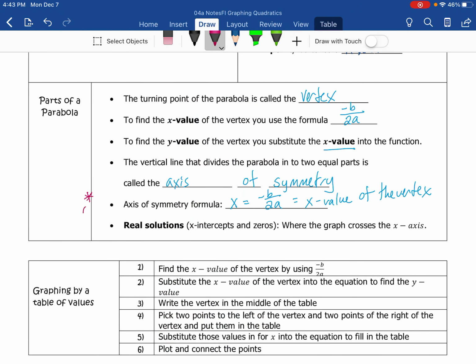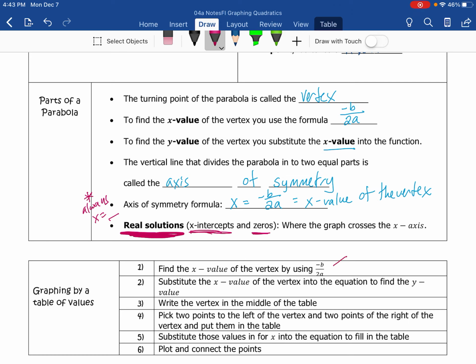And here, this is always x is equal to, you always have to have x is equal to something. Last thing is the concept of real solutions. Real solutions, when I use that vocabulary term, that's going to be the same as your x-intercepts and zeros, and we'll talk about that when we go through some of these graphs.